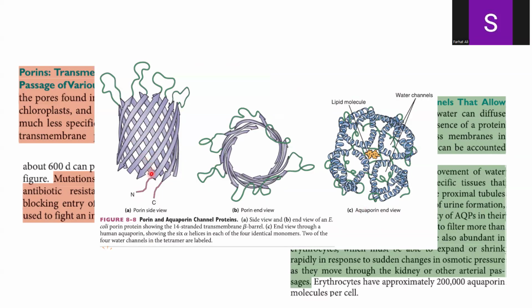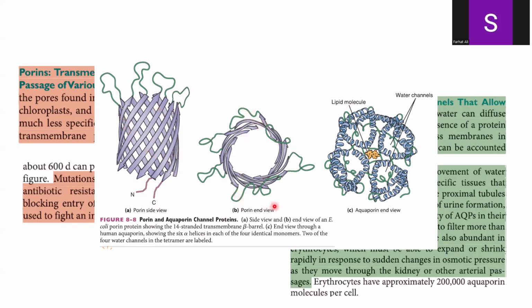So this is a figure representing the typical structure of porins. In panel A, you can see the side view of the porin protein. This part is embedded in the membrane. And as you can see, it is largely made up of sheets. The sheets are represented by these arrows. You can see that the sheets are forming a barrel-like structure.